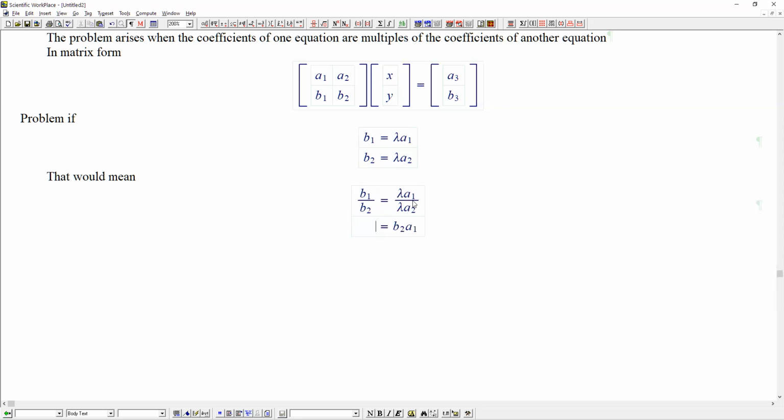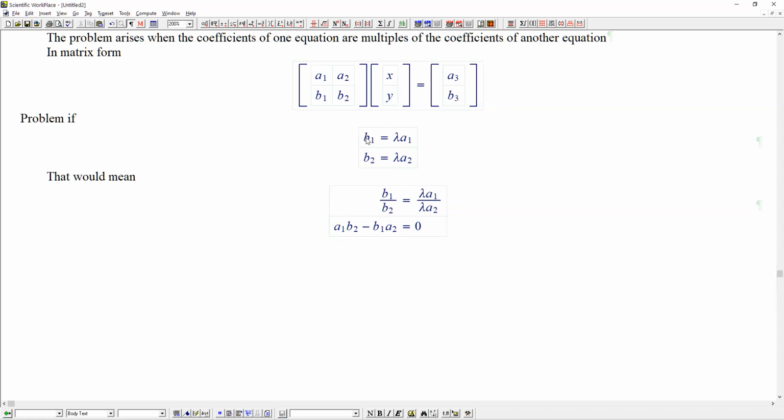And here, let's put all of that on one side. So this is equal to 0. And what is this? Let's put it like this so it's very clear: A1, B2 minus B1, A2. What is this thing? Is it the determinant? Yes, exactly. So we're finding out exactly what we were saying before.